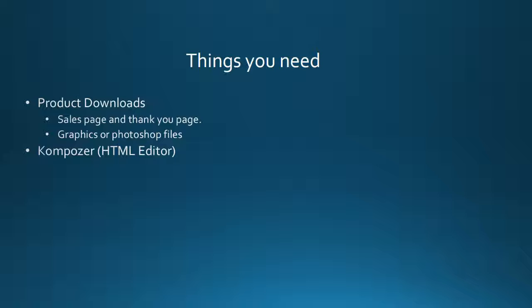But most products should have a sales page and a thank you page. And then, of course, they should have the graphics that come with the sales page and the Photoshop files. Now, if you want to edit the graphics and the Photoshop files, you can with Adobe Photoshop. And I'll show you where to go to get that tool.